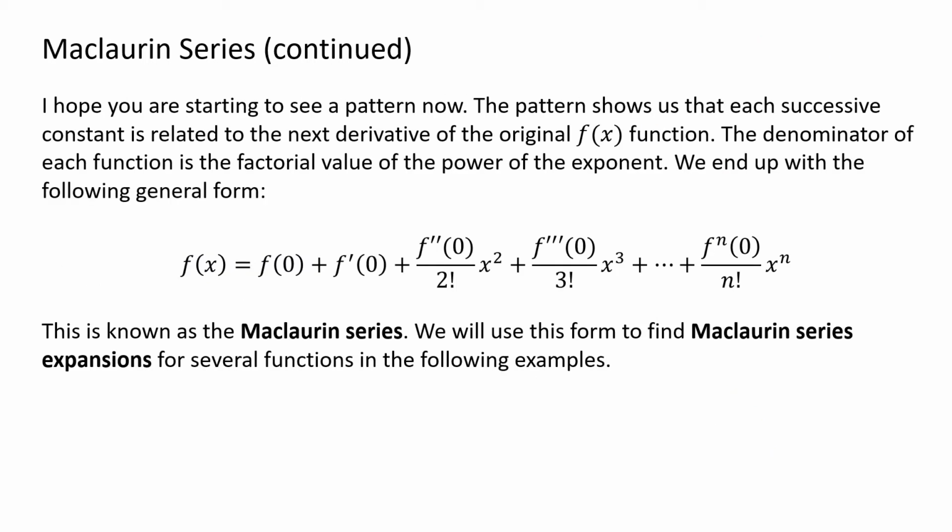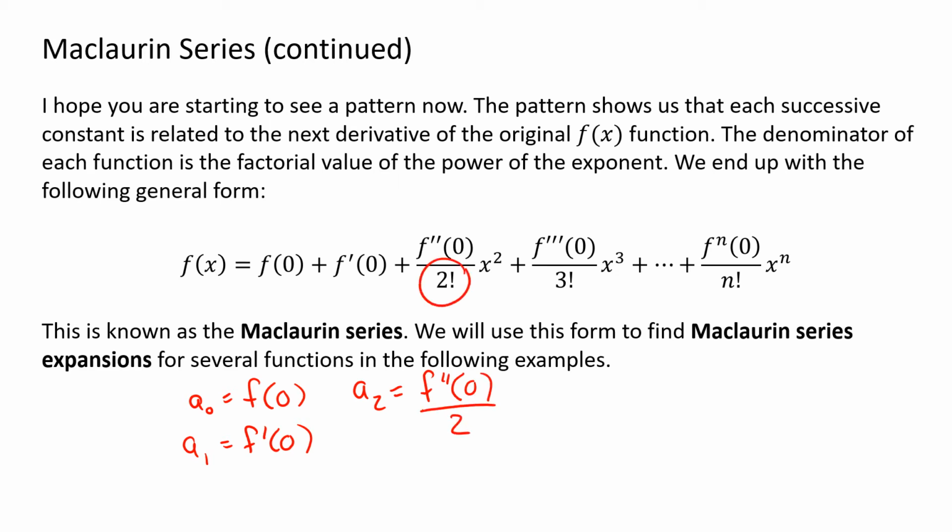So we've solved for all of these terms, right? We've solved for a0. Remember, a0 was the original function at 0. a1 was the derivative at 0. a2, remember, was the second derivative at 0 divided by 2. We've written it as 2 factorial, and that's because for the later ones, the factorial matters. 2 factorial is the same as 2.